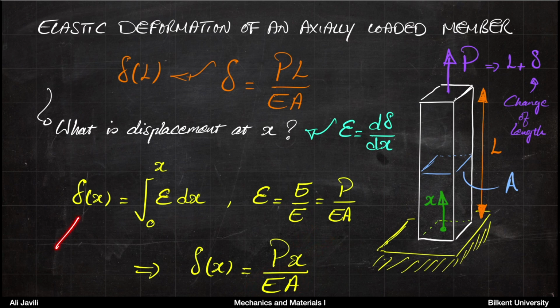Again, if you did this integration, basically you would have delta x minus delta at 0, but in this problem we know that delta at 0 is actually 0. So this is the answer to the displacement at x. If instead of x you insert the whole length L, you recover what we had before. It tells you that delta is linearly proportional to x because this is constant.